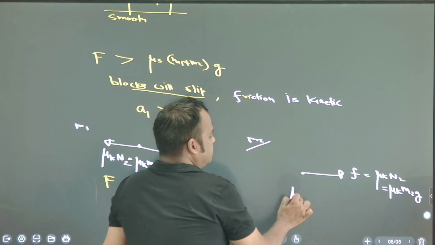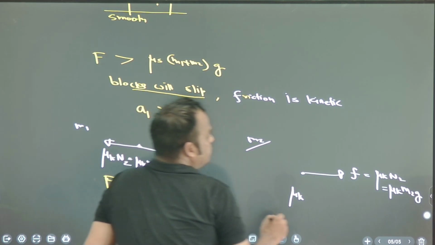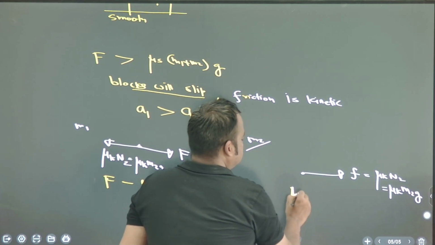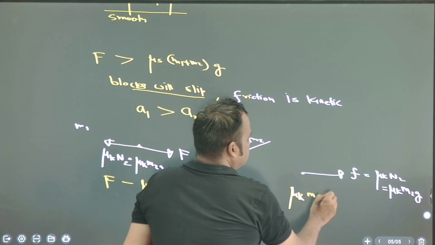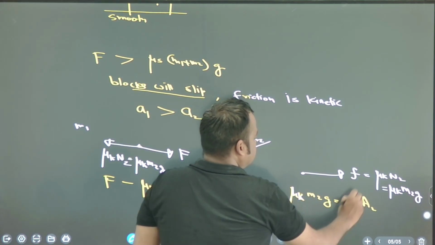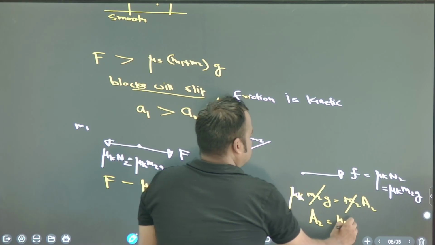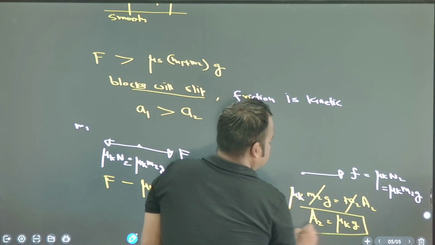So what do you write? Mu k M2 G is equal to M2 A2. M2 cancels. So what is A2? Mu k G. Note down.